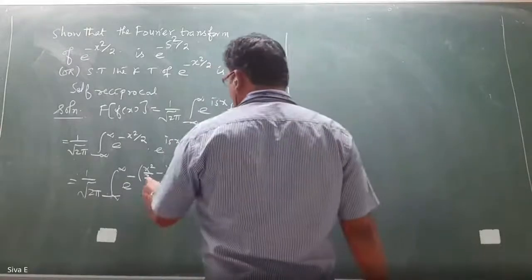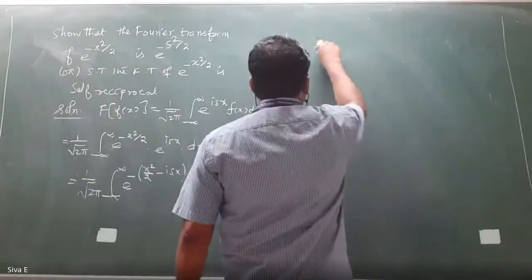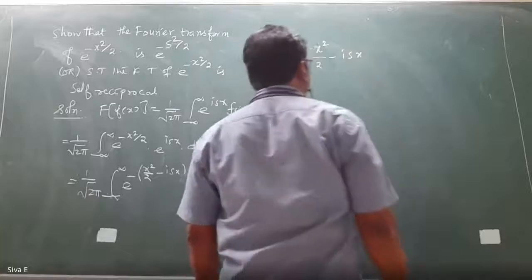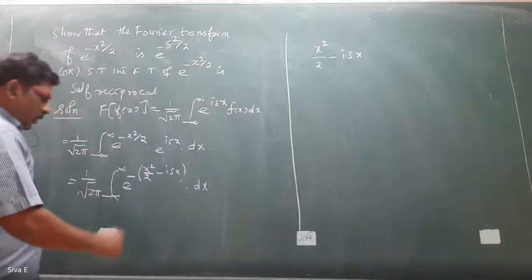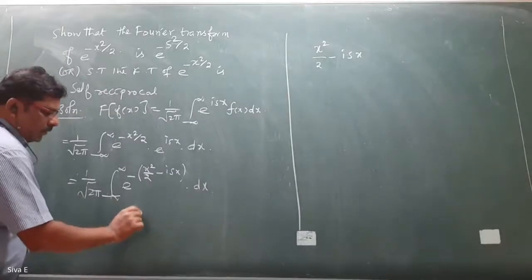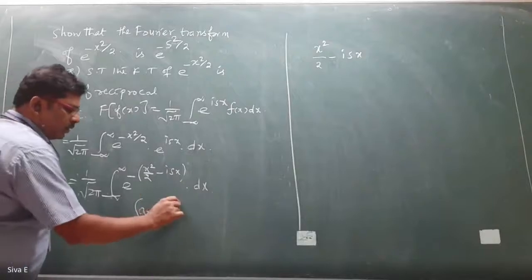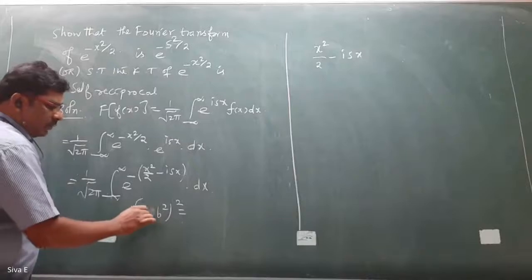Here, x square by 2 minus isx is there. How can we write that? Now, we can see one thing here. It is like a plus b whole square, otherwise a minus b whole square.